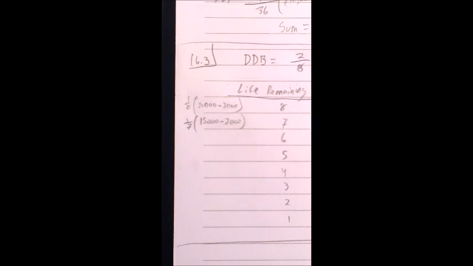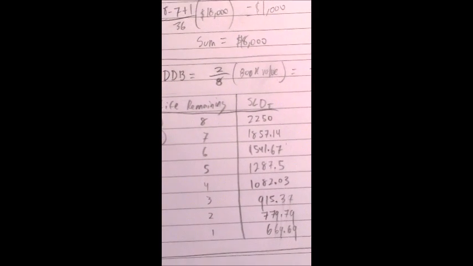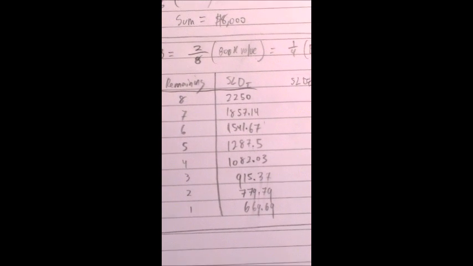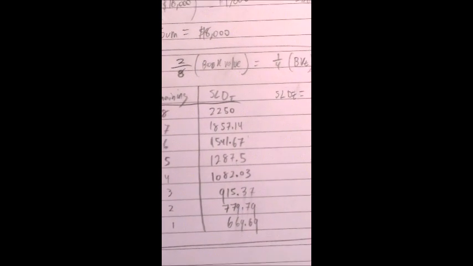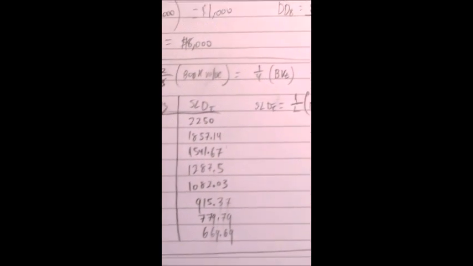So by using the equation, you have 1 over 8 years remaining, and your book value is 20,000 minus your salvage value, which is $2,000, which gives you 2250, which is the annual depreciation that we got from 16.1, which is pretty cool.